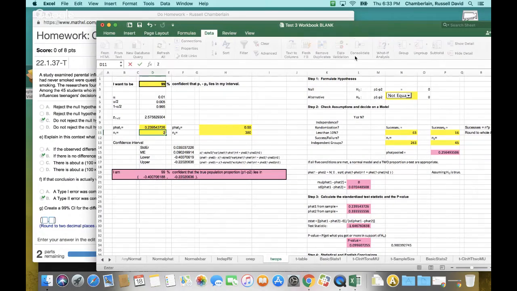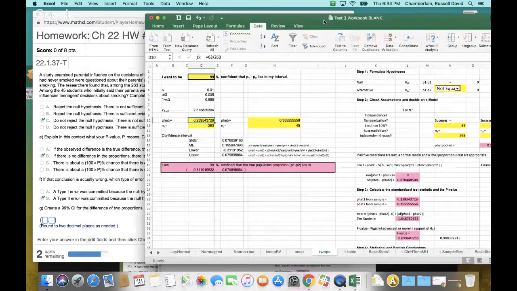This is 263. This is 16 divided by 45. And this is 45. So the real neat thing about this, I think, is that we can compare two different sample sizes. Sorry, I'm waving my hands all over the place here. But yeah, these are two totally different sample sizes, and we can still make a reasonable comparison of the two.